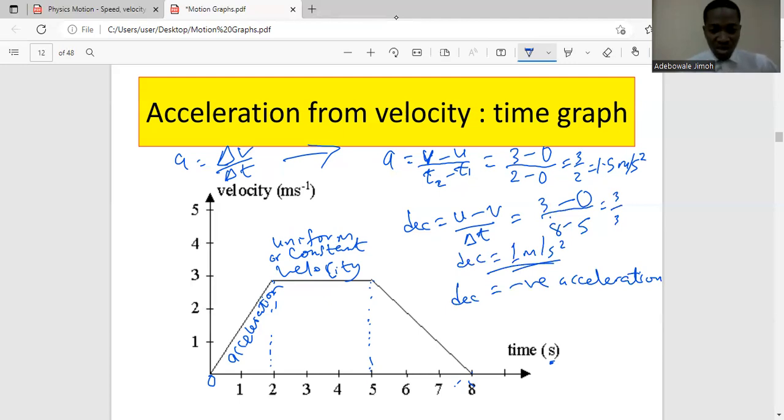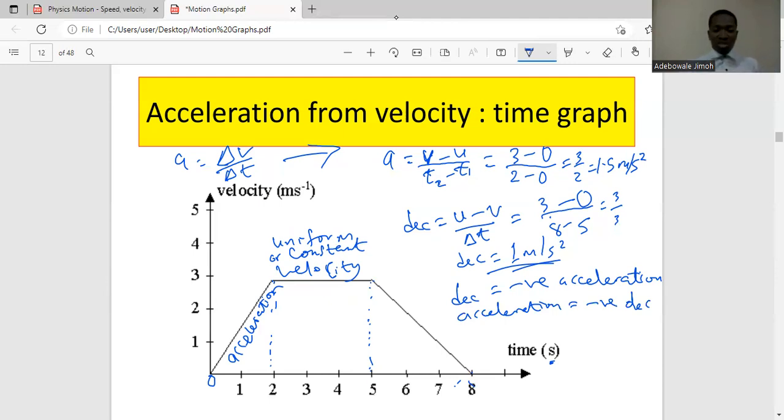If you calculate the acceleration from 5 seconds to 8 seconds, you get the negative of this value, because deceleration is the negative of acceleration. That also means acceleration is negative deceleration. Acceleration occurs when speed is increasing with time, while deceleration occurs when speed is reducing with time.